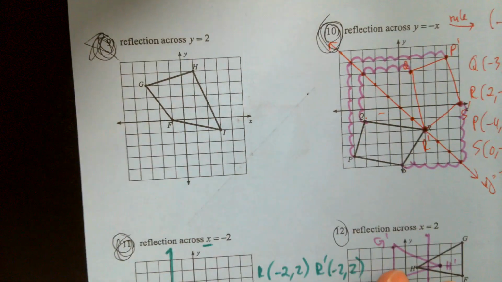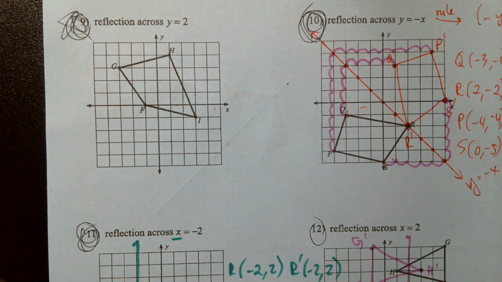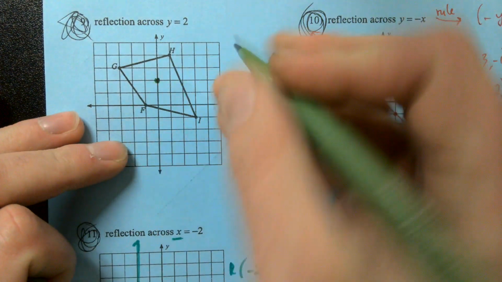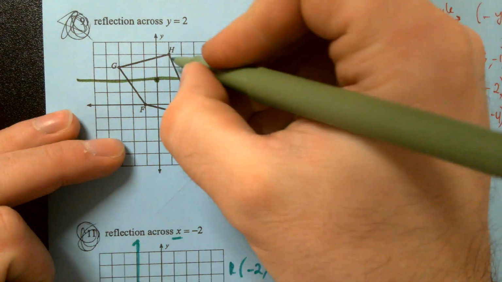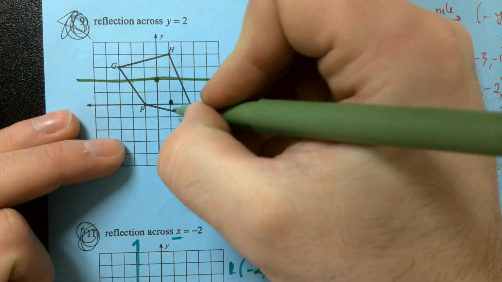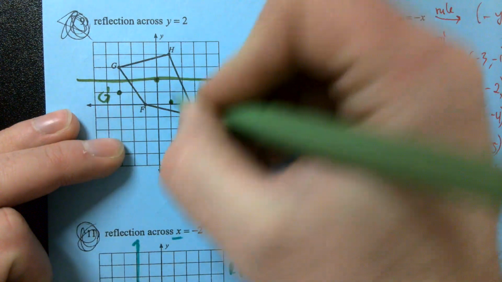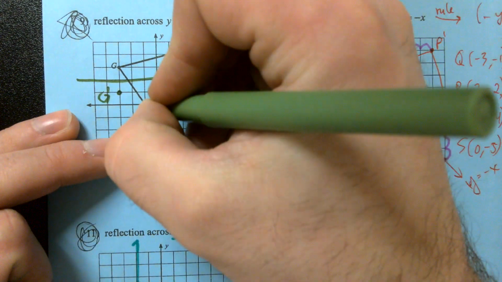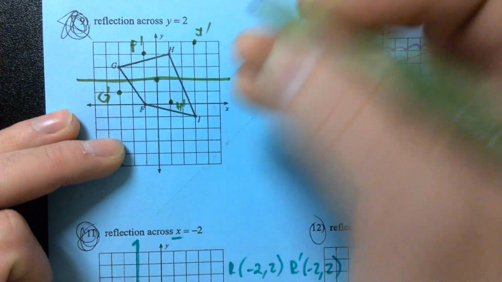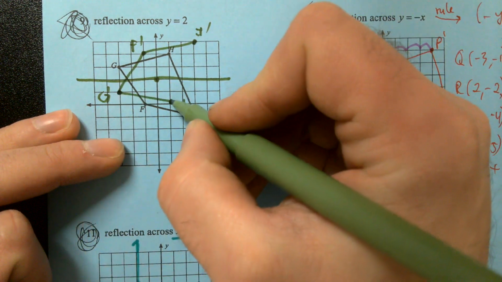Okay. What was number 9? Number 9, y is equal to 2. This is going to be another overlapping one, I'm pretty sure. Horizontal line through that. Yeah, this one's going to get messy, but H is 2 away. G is 1 away. I is 3 away. F is 2 away. Boom, boom, boom, boom.